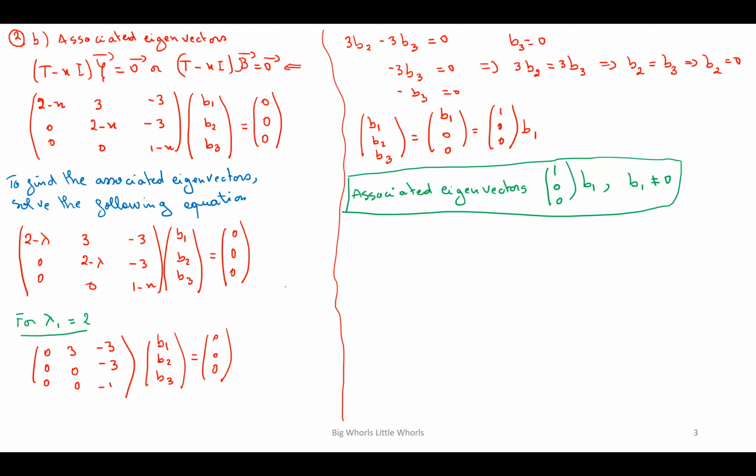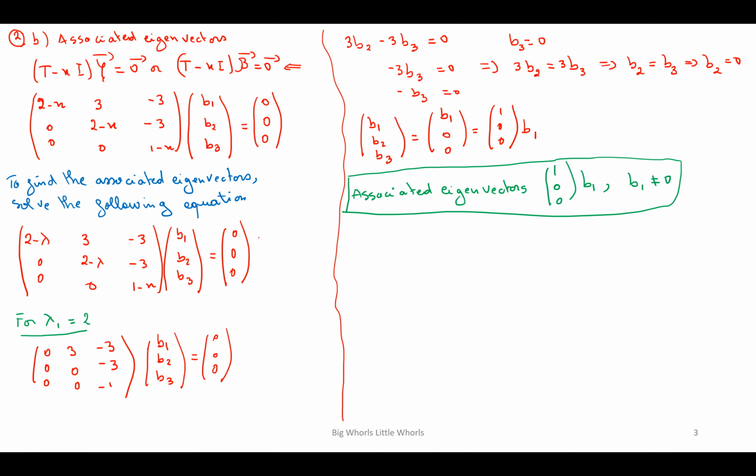I'm not sure if I will have enough space, but let me try it here on the next page. For lambda, we have two values, 2 and 1.